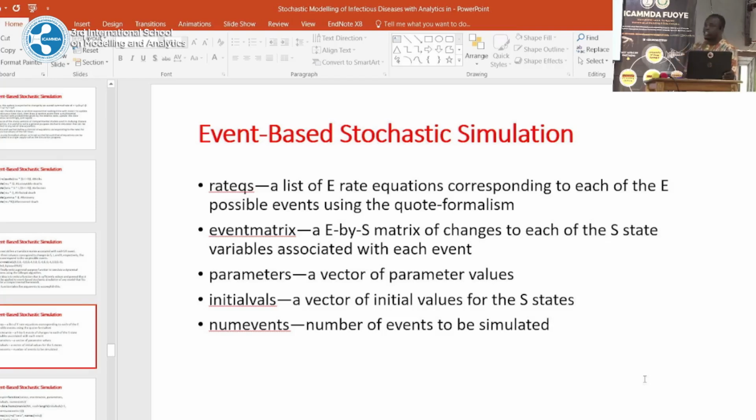The first argument is the rate equation, a list of rate equations corresponding to each of the possible events using the code formalism. And then we have the event matrix, which is an A by S matrix of changes to each of the S state variables associated with each event. We have the parameters, a vector of parameter values, the initial values of the state variables, and then the number of events to be simulated as the arguments.